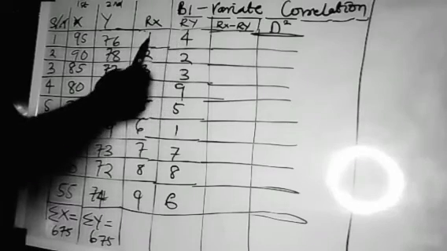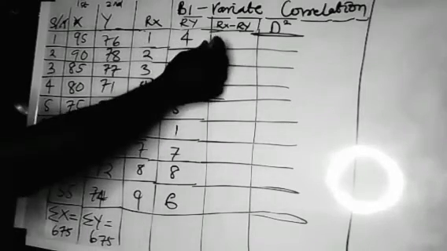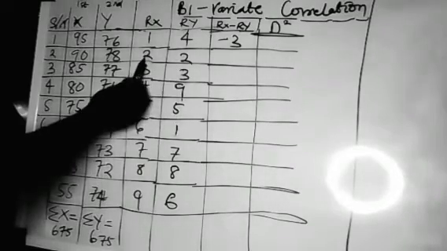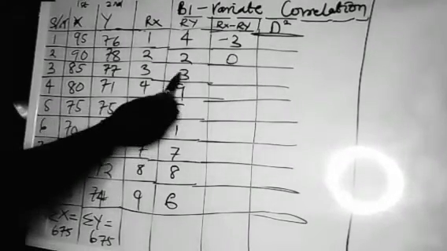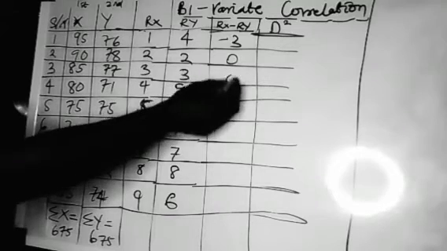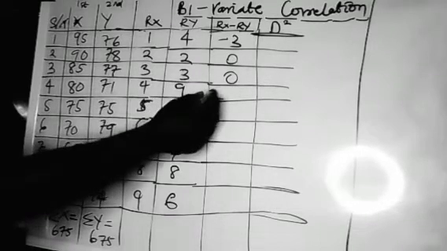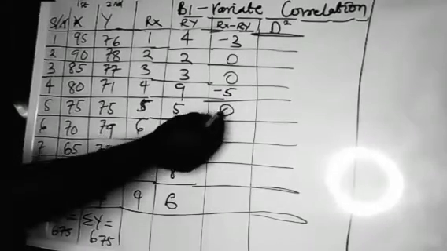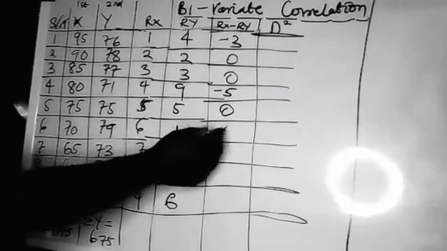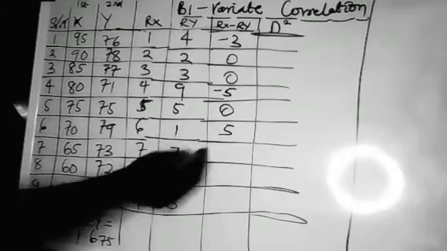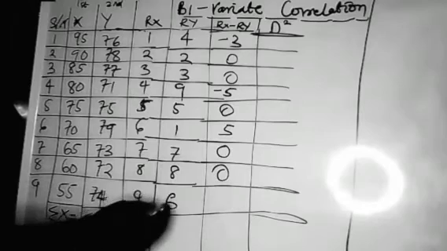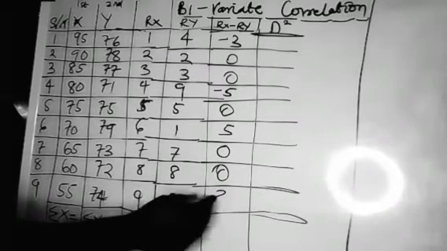Now, 1 minus 4 gives you -3. 2 minus 2 gives you 0. 3 minus 3 gives you 0. 4 minus 9 gives you -5. 5 minus 5 gives you 0. 6 minus 1 gives you 5. 7 minus 7 gives you 0. 8 minus 8 still gives you 0. 9 minus 6 gives you 3.